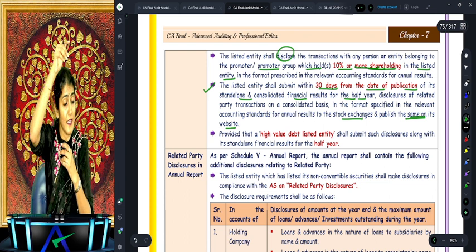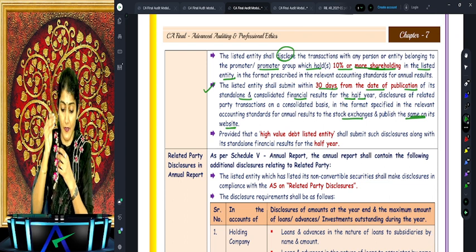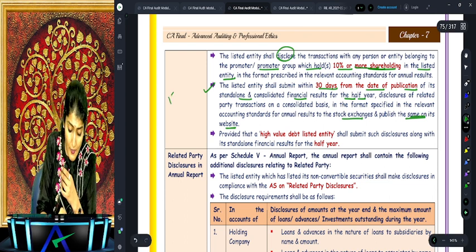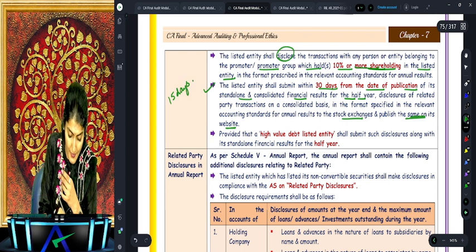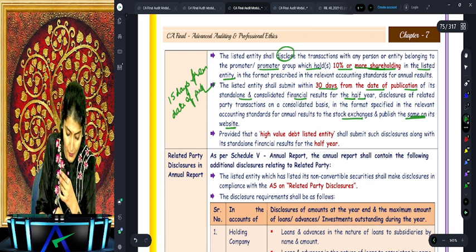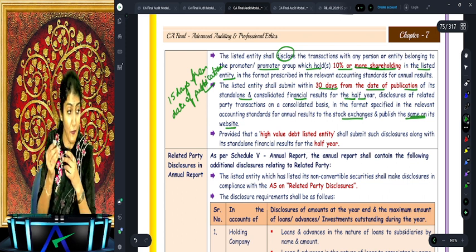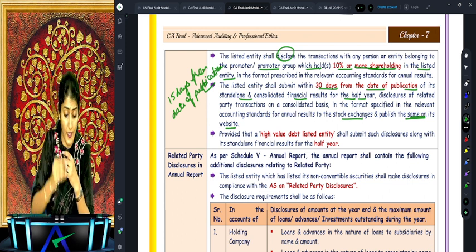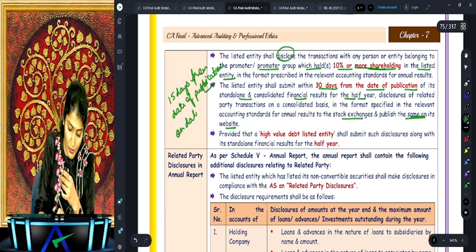Now, when we had studied regarding related party transactions, there what we had studied was within 15 days from the date of publication. You remember that? Within 15 days from the date of the publication of the standalone and the consolidated financial results. And what does it say? With effect from 1st April 2023, on the date of publication of the standalone and consolidated financial results.